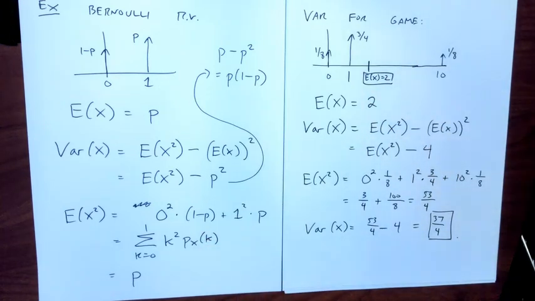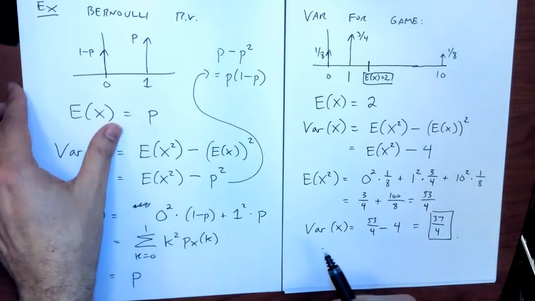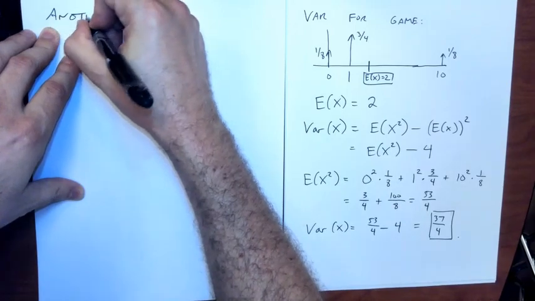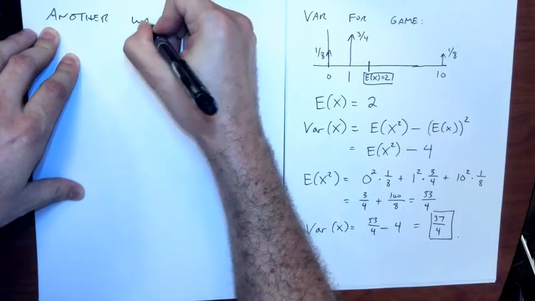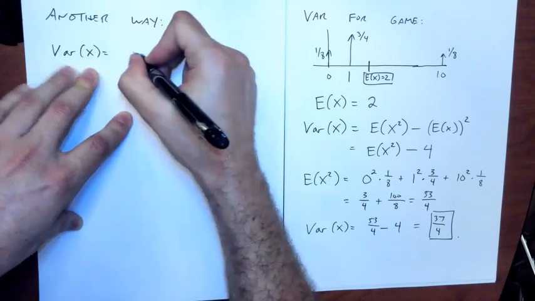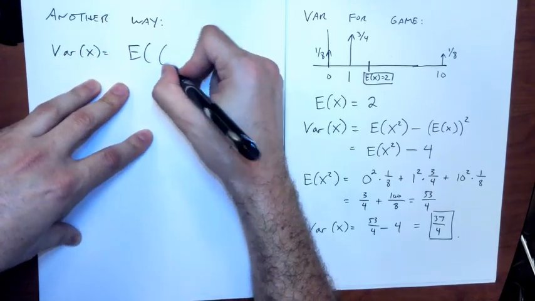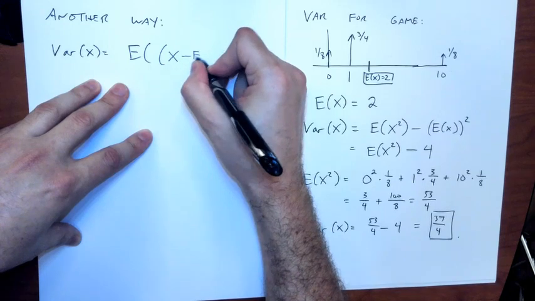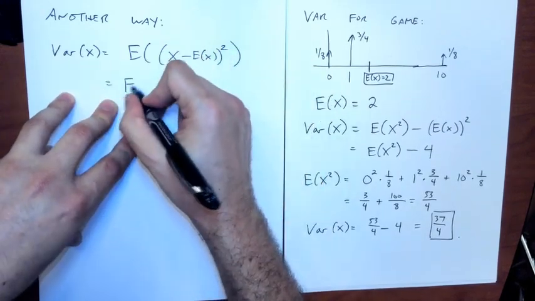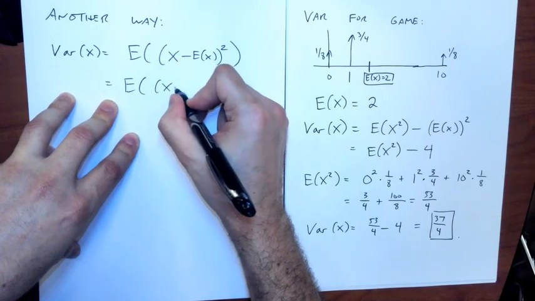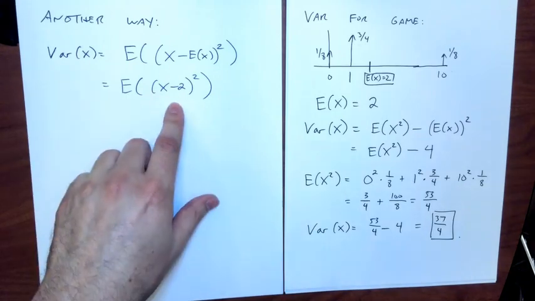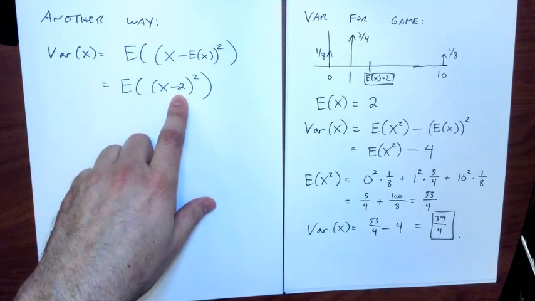So I could also think about it directly by saying that the variance of x is the expected value of x minus E of x, squared, which in this case is the expected value of x minus 2, squared. That's my mean in this case.